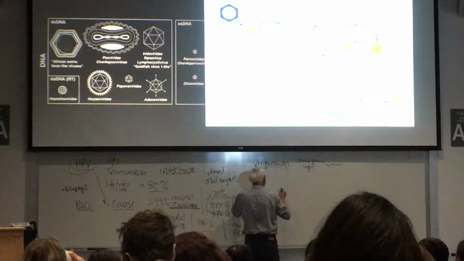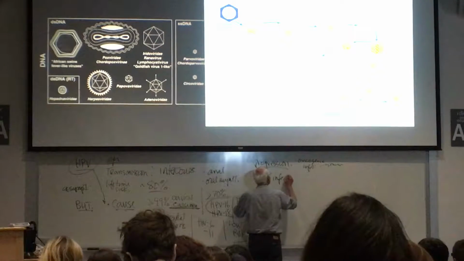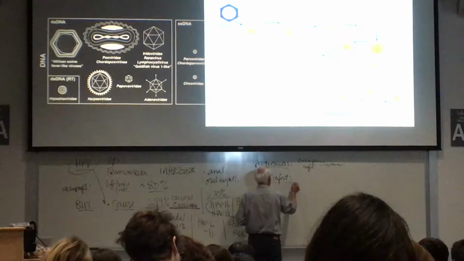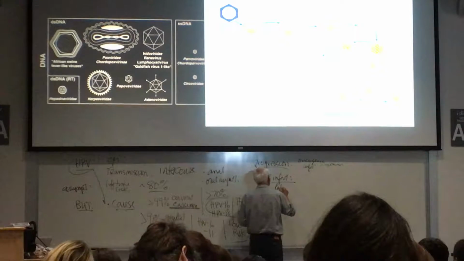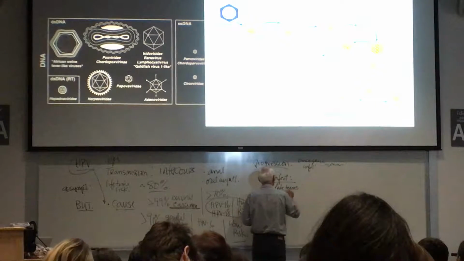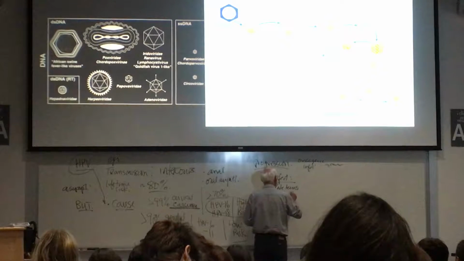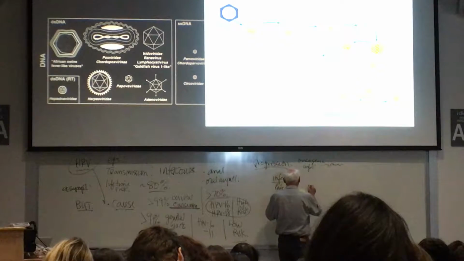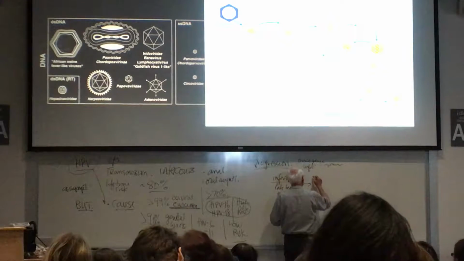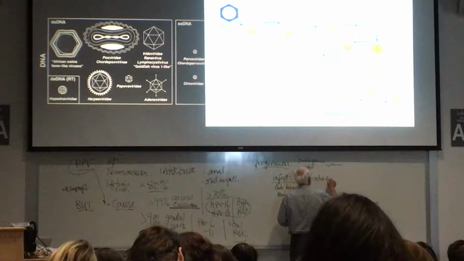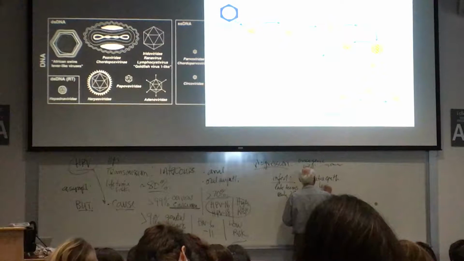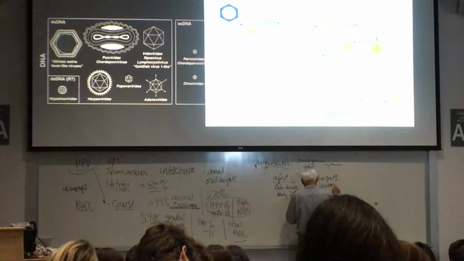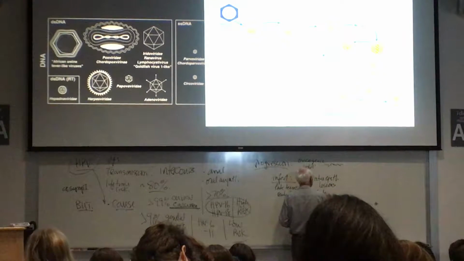So in terms of the epidemiology, the infection usually happens in young women, late teens, early 20s. And this then leads to intraepithelial lesions that might be seen in the late 20s.